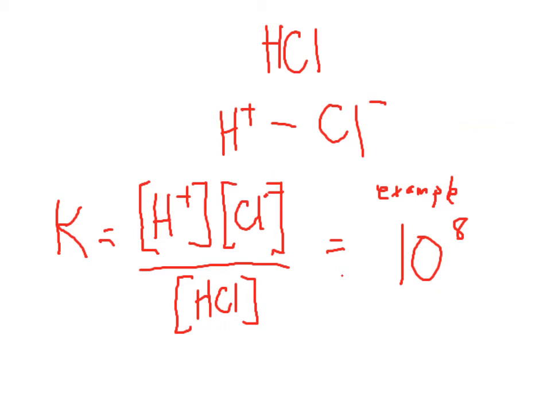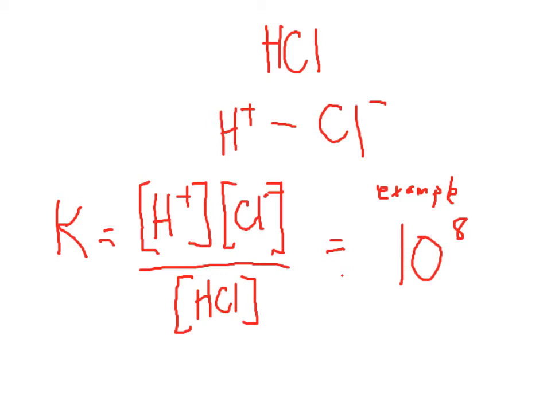So, for the formula, we picture them like this. For hydrochloric acid, again, what are its contents? Hydrogen ion plus chloride. The formula for the dissociation constant is to take note of the contents of the hydrogen plus the contents of the chloride over the overall content of the hydrochloric acid.